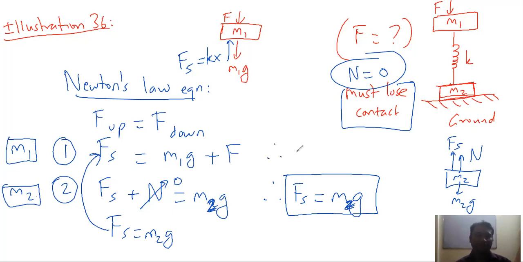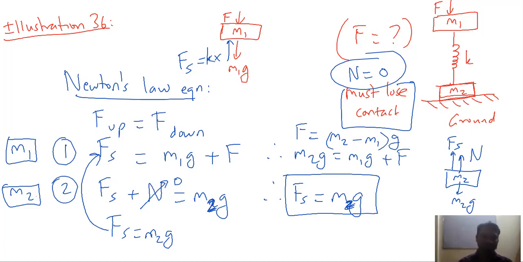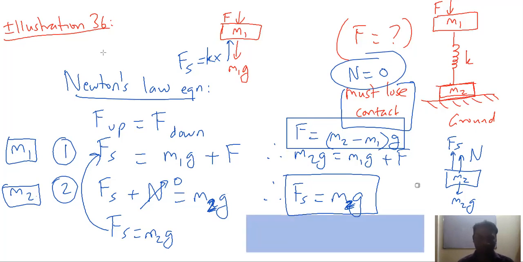So the equation will become M2g plus M2g equals M1g plus F. From this, the value of F comes out to be M2 minus M1 into g. So the final answer to this question, the value of F equals M2 minus M1 into g.